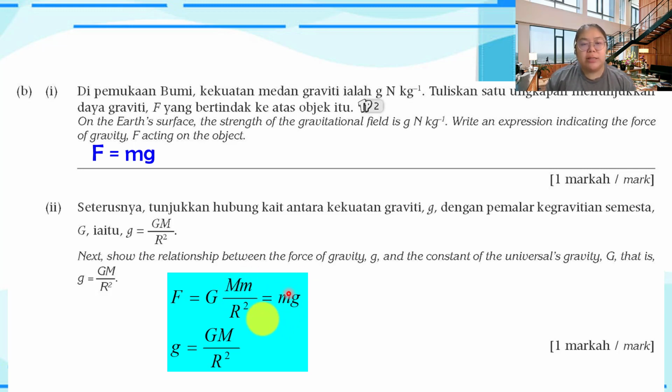So from here, g will equal capital G multiplied by the mass of the Earth, over the distance squared. So this is how to prove the formula using the two equations.